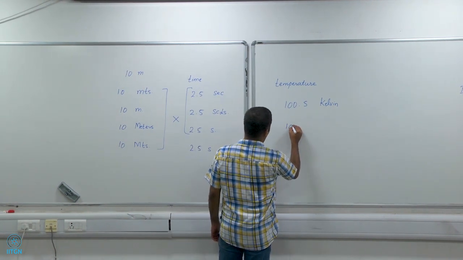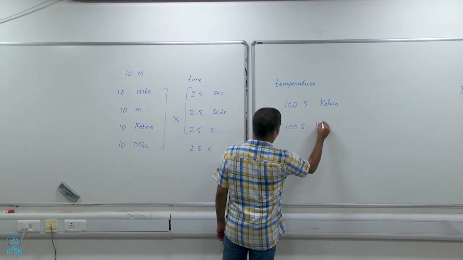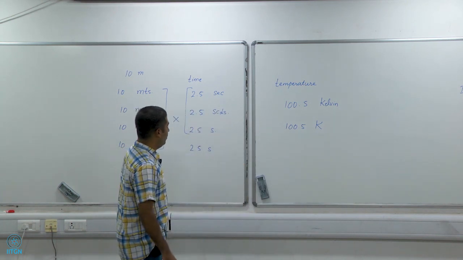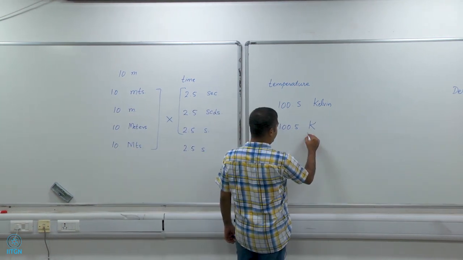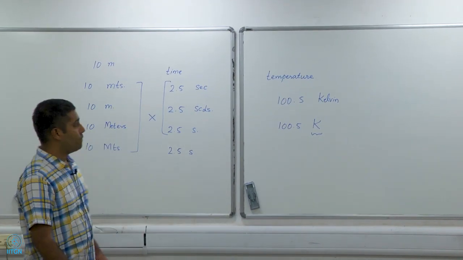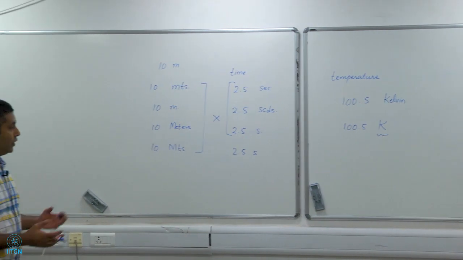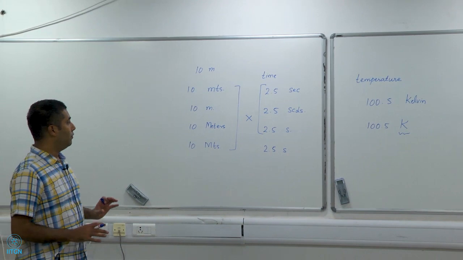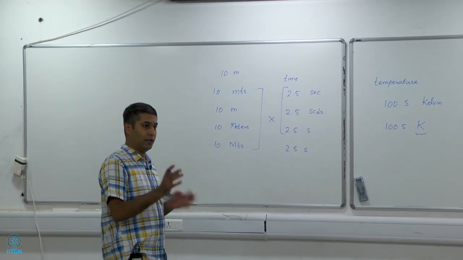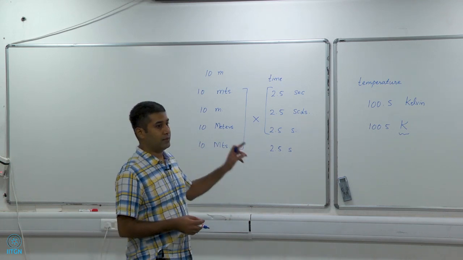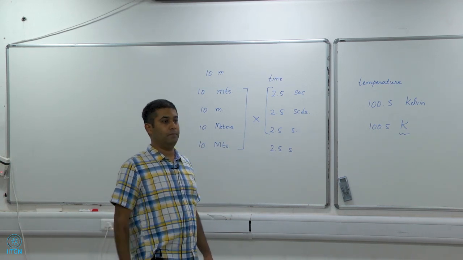You can write this as 100.5 K. Why is this a capital K and not a lowercase k? Lowercase k means kilo. We will come to that. We are talking about units now. We will talk about multipliers a little later. Lowercase k is a multiplier, but as a unit, why is this a capital K and not a lowercase k?